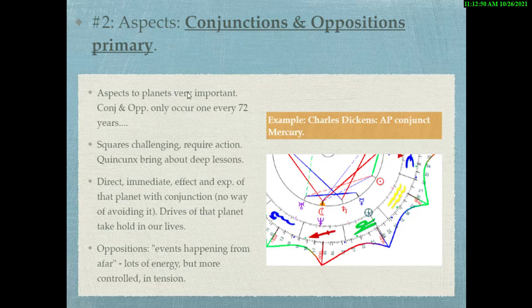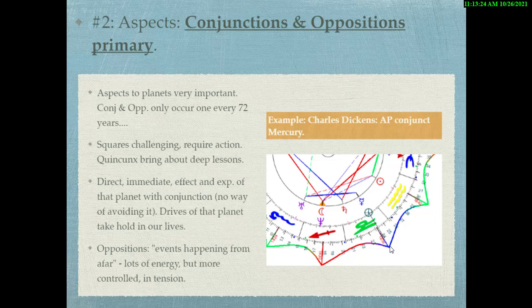Number 2 in our list, we spoke about aspects, conjunctions and oppositions as being primary. Aspects to planets are very important, and conjunctions and oppositions occur only once every 72 years. So if you look at Charles Dickens' chart here, we can see that right at around age 24 or so, Charles Dickens' age point was conjunct Mercury, and see how it was at this cuspal region here in strong, capable Capricorn.